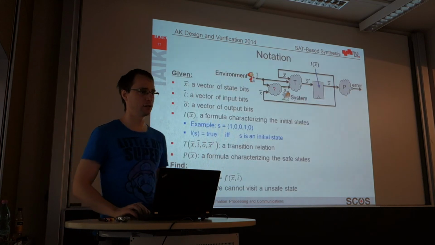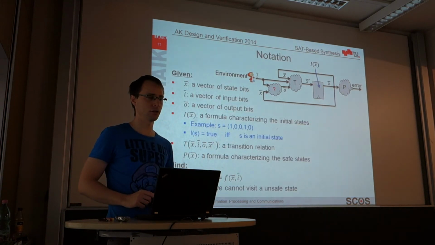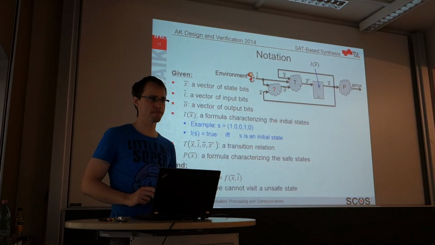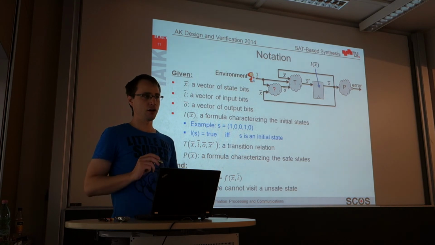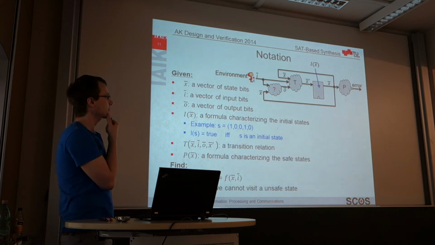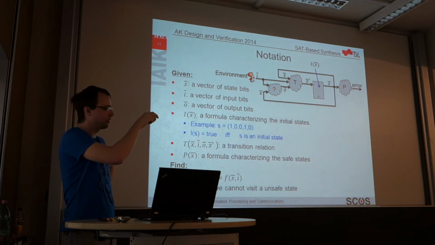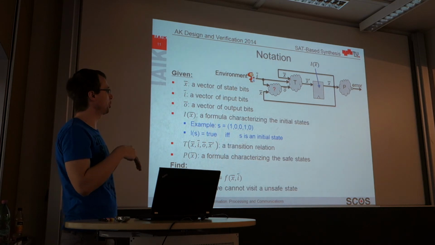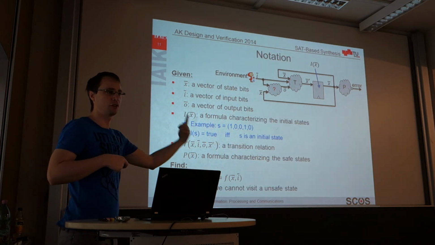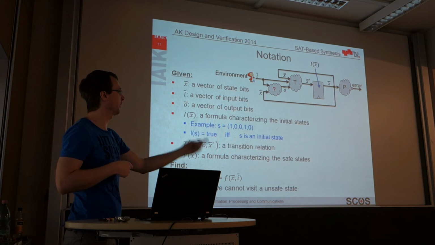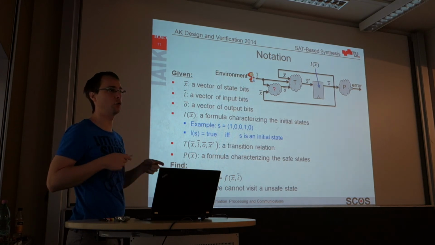So we have here only one iteration, but in general it might be several iterations in a kind of reactive system. Or is it always one iteration? So this thing here is just a machine that keeps on computing the next state and the next state and the next state forever.